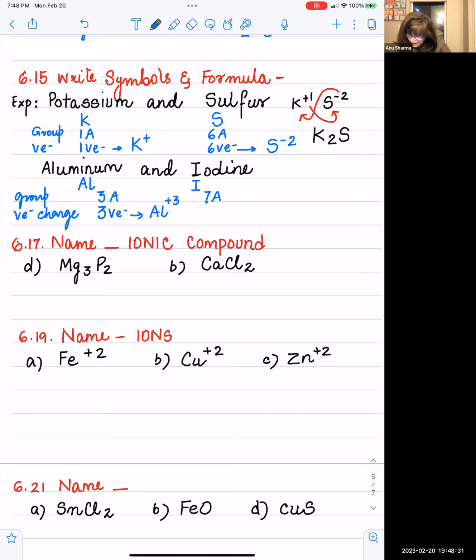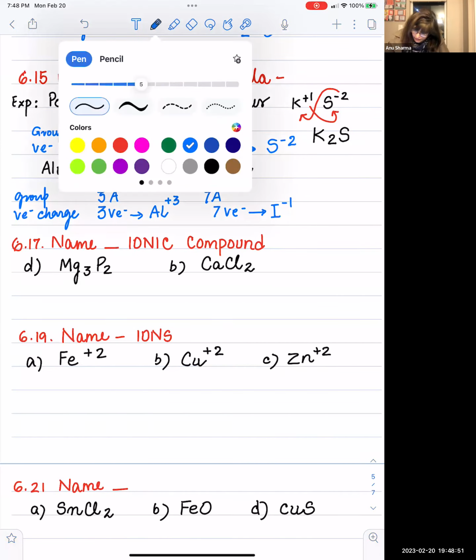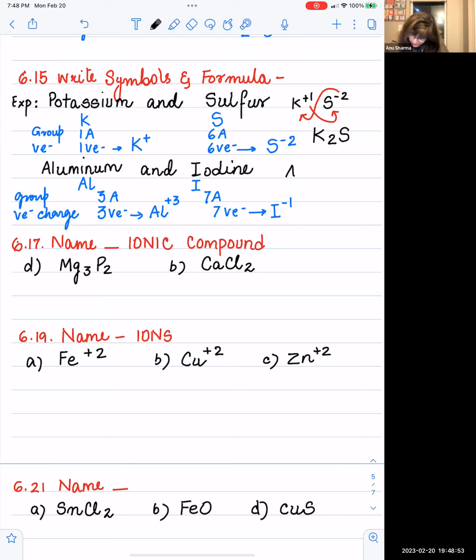Iodine has 7 valence electrons, so it will acquire 1 electron, and iodine becomes -1. Remember, 7A is -1. So now write this down: aluminum +3 and iodine -1.